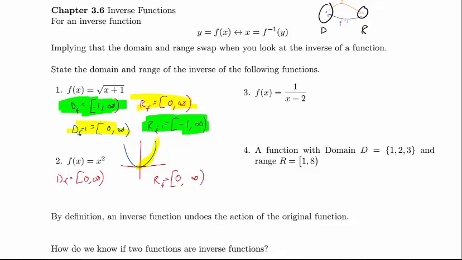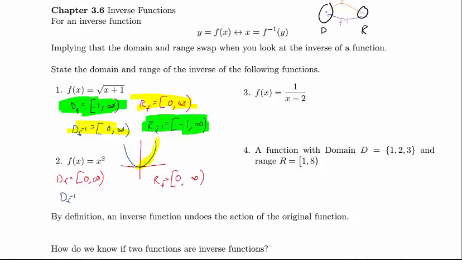So again, the domain is not including all these numbers over on this side because we are just not going to look at those. We're going to pretend they don't exist. You could have easily gone from negative infinity to 0 if you wanted, but in this class we're always just going to pick the right side. And again, this is so that the inverse function will have a predictive quality.